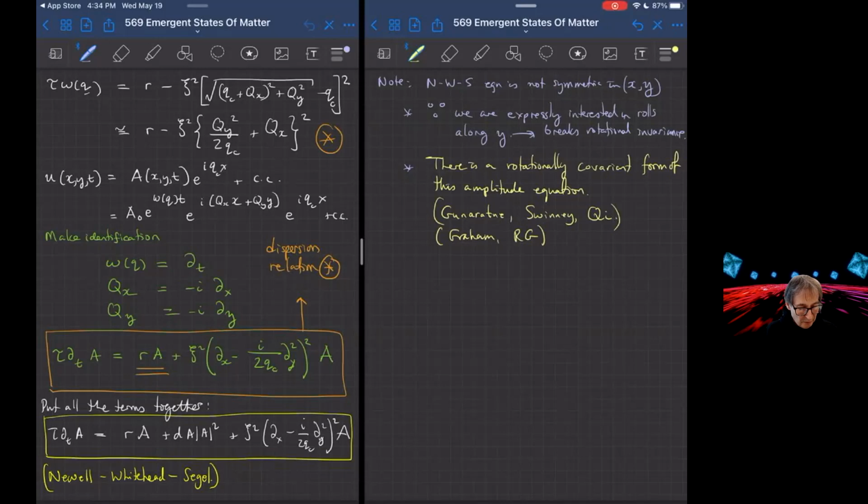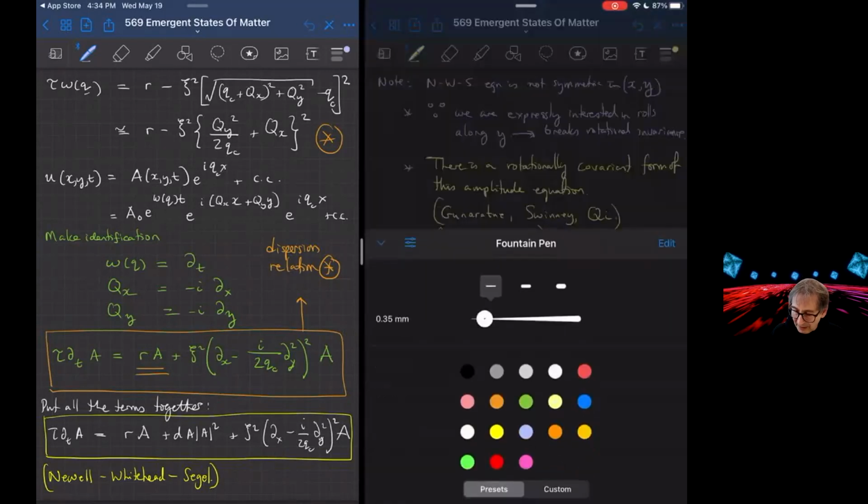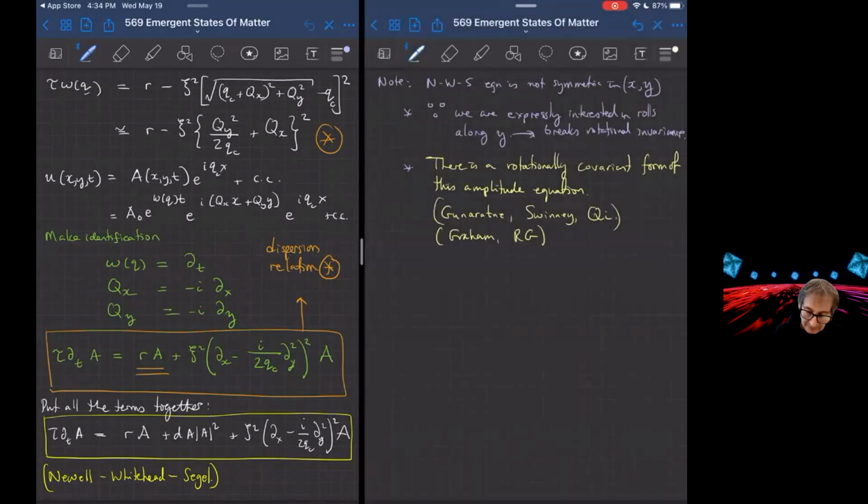Okay, so now we have this amplitude equation, and now we want to talk about what we can do with it.